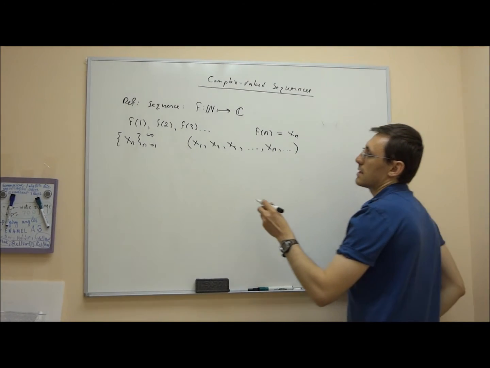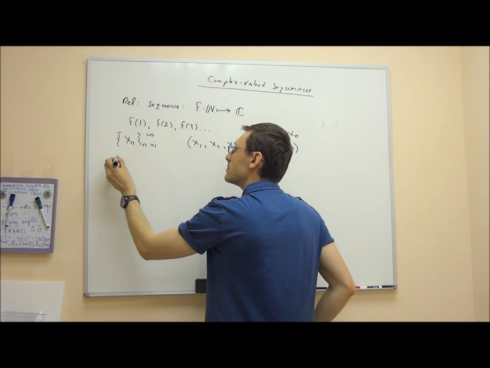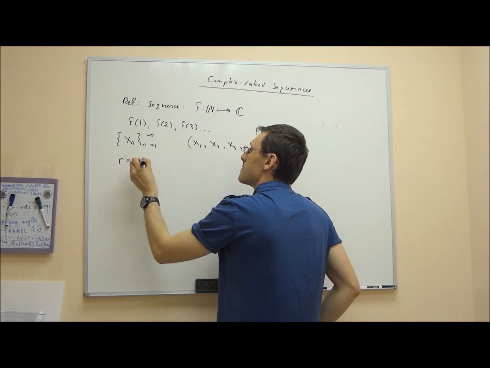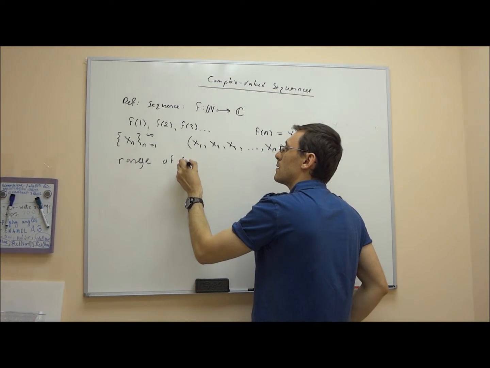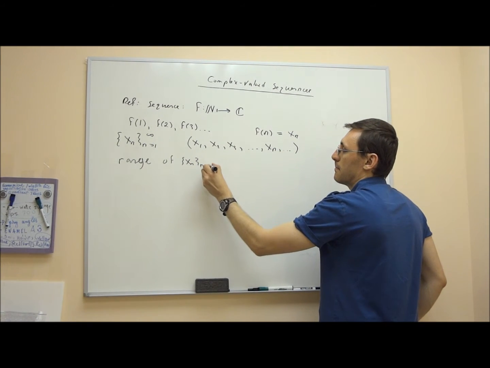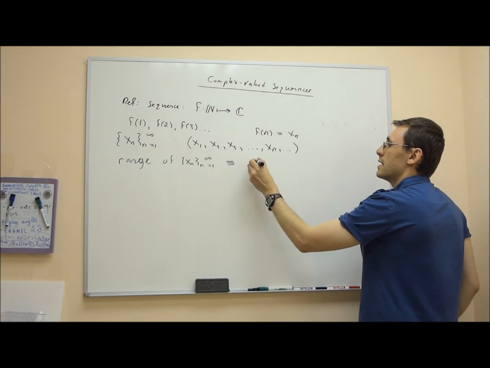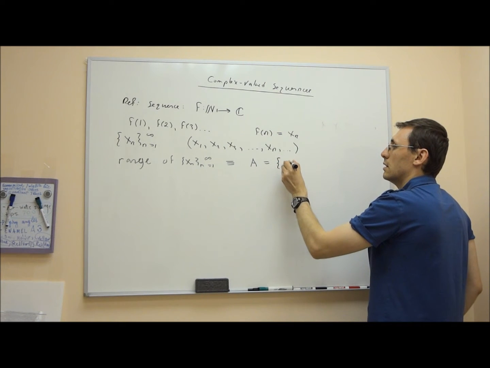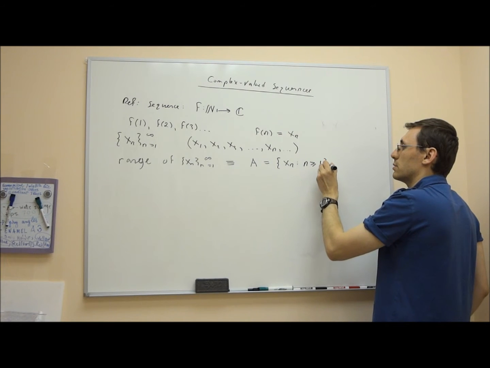So a sequence is said to have a bounded range. Well, first let's say what the range is. So the range of the sequence x_n is defined to be the set A, which is equal to all the x_n, where n is bigger than or equal to 1.